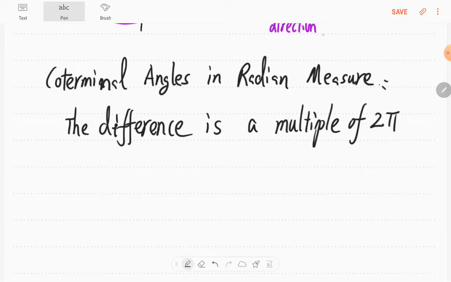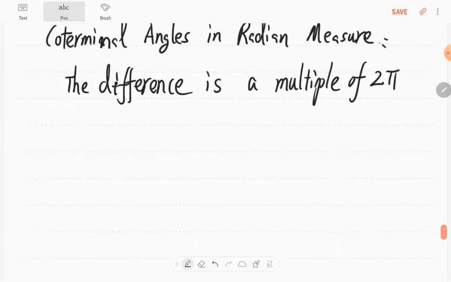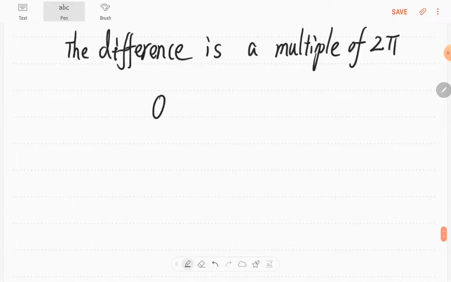So in other words, if we add or subtract a multiple of 2 pi for a given theta, then you will have its coterminal angles. So if you have a theta, and then you add n times 2 pi, then these angles are coterminal angles.